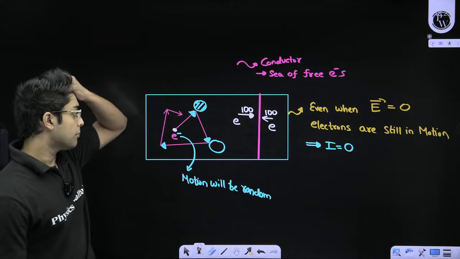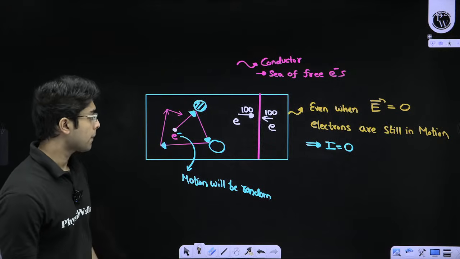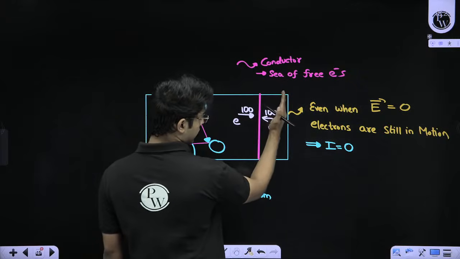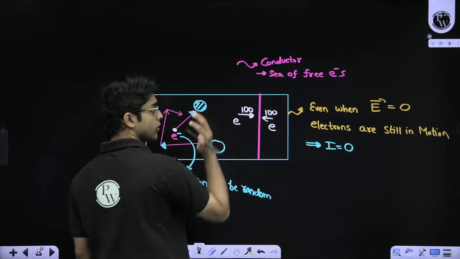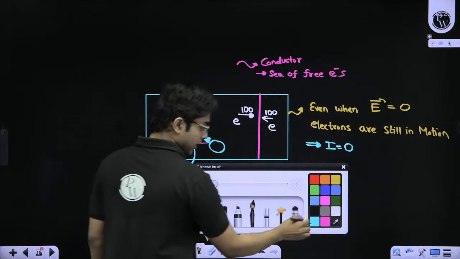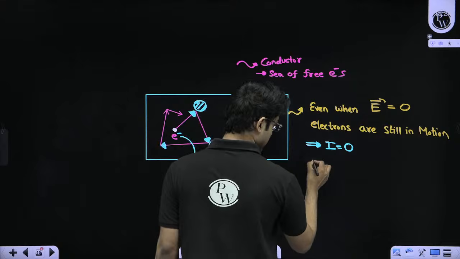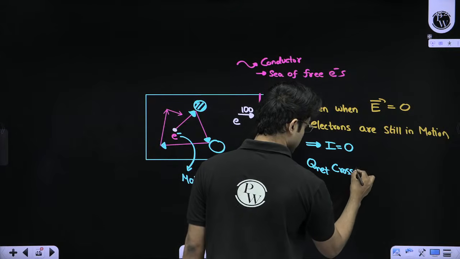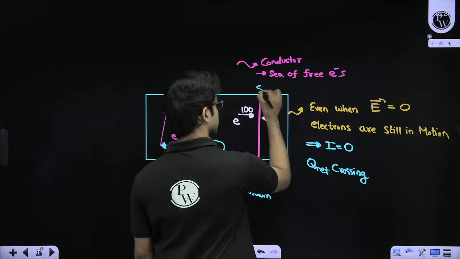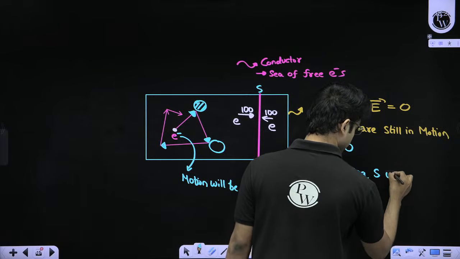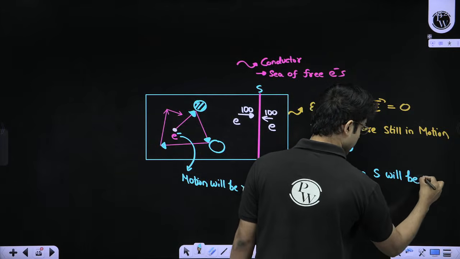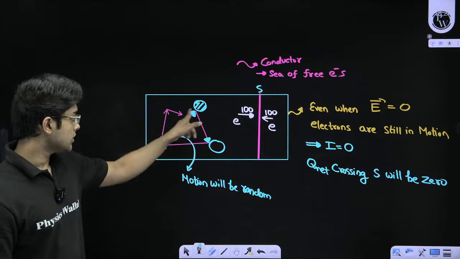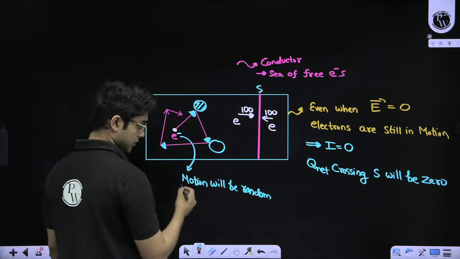So at any instant, if n electrons are moving to the right, then n electrons will also move to the left. As a result, the net charge crossing this cross section will be 0.